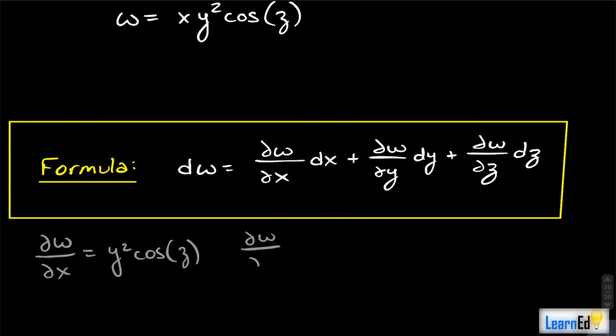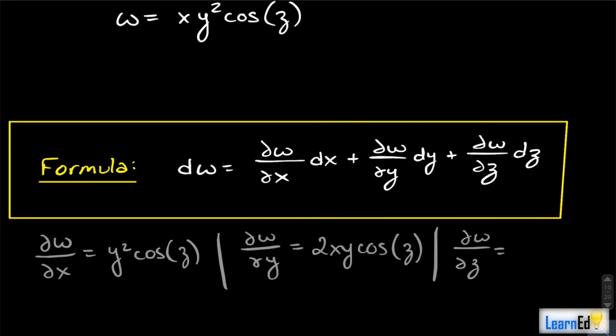Partial w partial y equals, this y squared becomes a 2y, so you have 2xy cosine z. And lastly, you have partial w partial z, which gives you cosine z becomes a negative sine z, so you get negative xy squared sine of z.